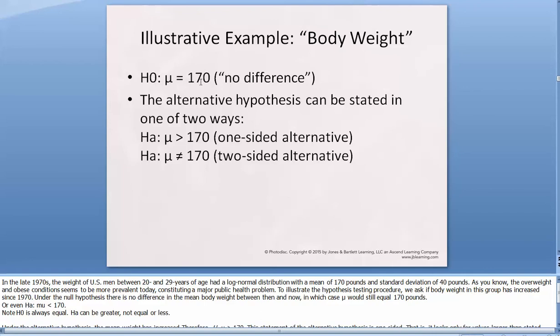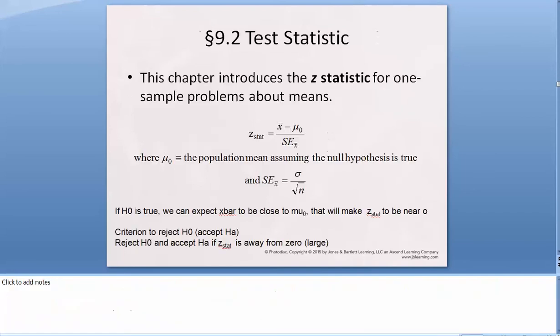So the null hypothesis does not change. It's always the population parameter equals some specific characteristic value. Okay, let's go to the next slide here.